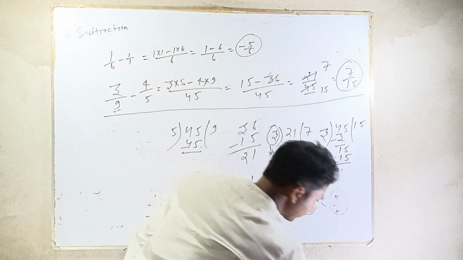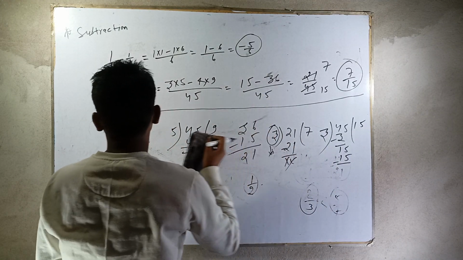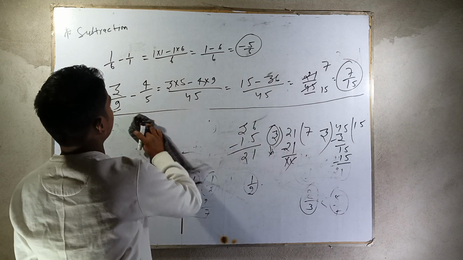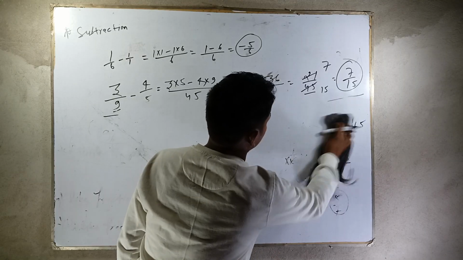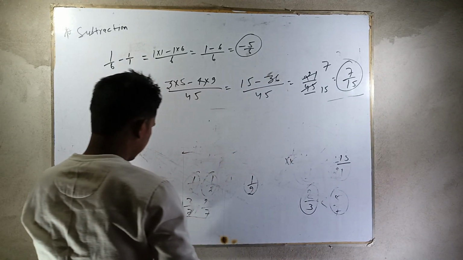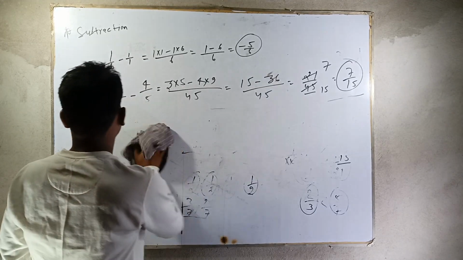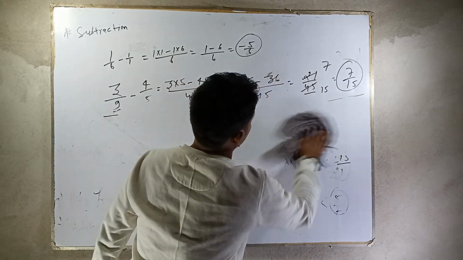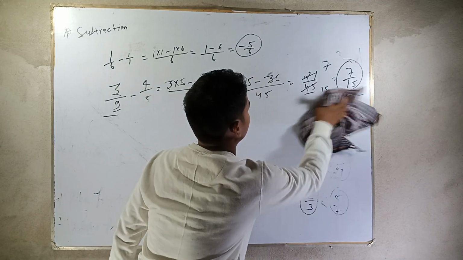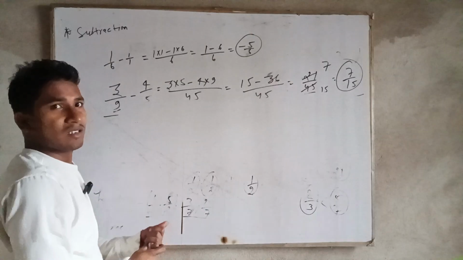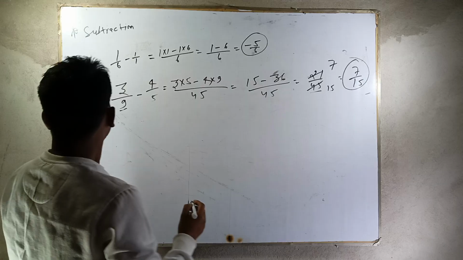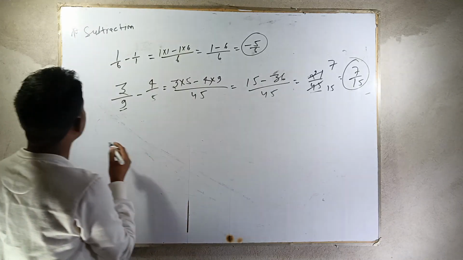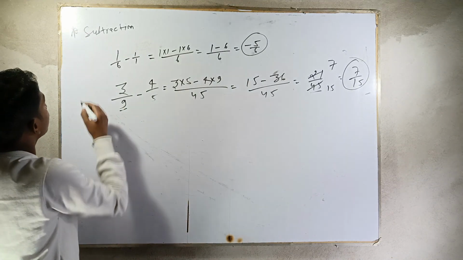So next one is multiplication. This one is 7 by 15. In this way we see that it is subtraction.